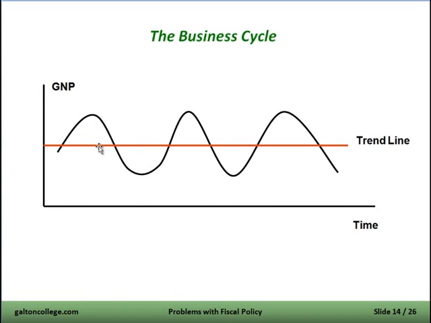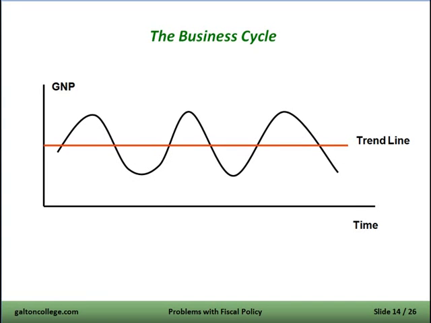So it'd be nice if we could just even it out. So we take the boom period here and add it to the slump period over here and somehow cancel it all out, make it into a trend line. I suppose over time we would really like that trend line to be gently upward increasing, because we like to have more resources over time. But maybe that's what we're aiming for.